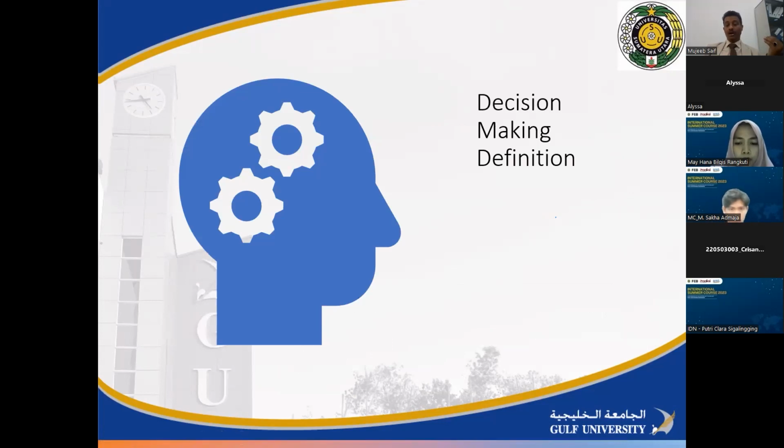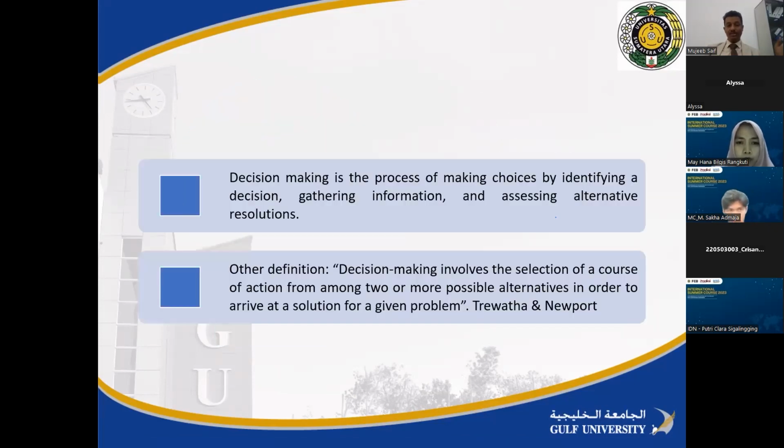So now we will focus more on decision making, and we have some exercises at the end of this PowerPoint on some types of decisions. So what is the definition of decision making? Actually, decision making is the process of making choices by identifying a decision, gathering information, and assessing alternatives.